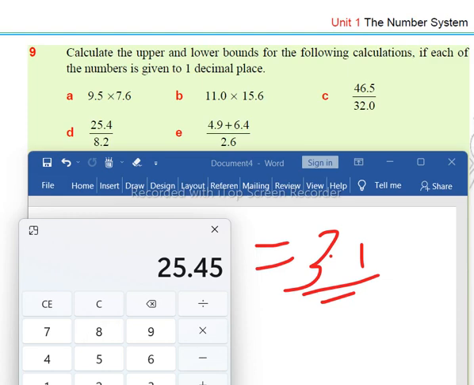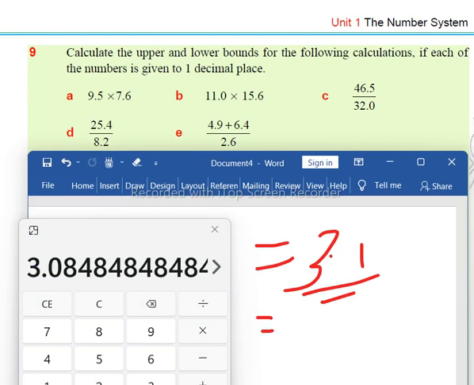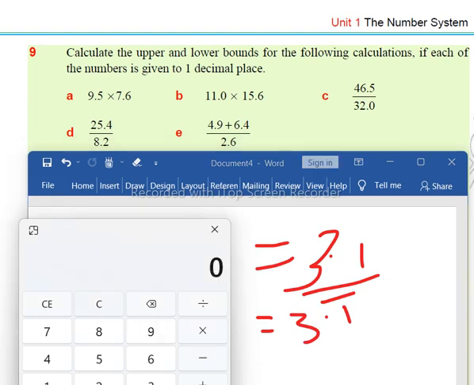Divided by 8.25, we get 3 point something, which also rounds to 3.1, the same as the original number.